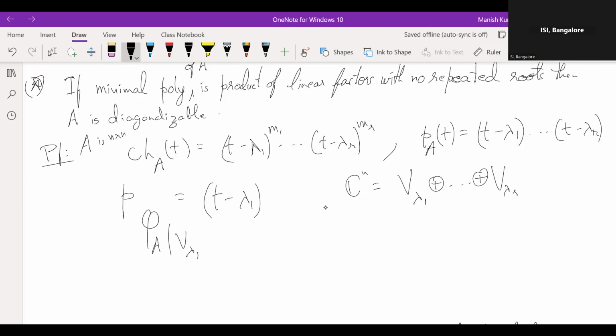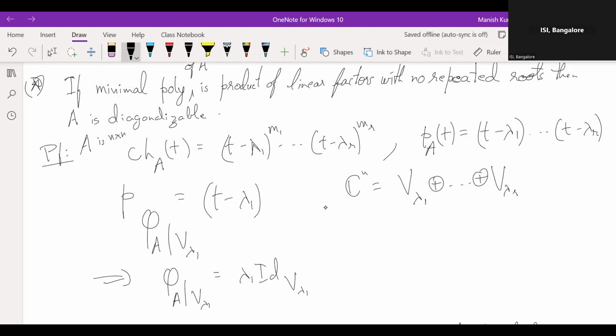So that tells you that phi A when restricted to V lambda 1 is just multiplication by lambda 1 on the whole of V lambda 1. So phi A restricted to V lambda 1 is lambda 1 times the identity of V lambda 1.